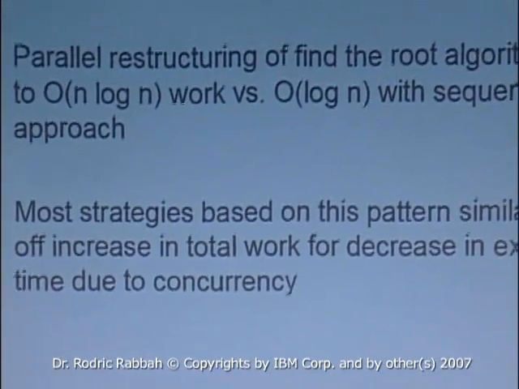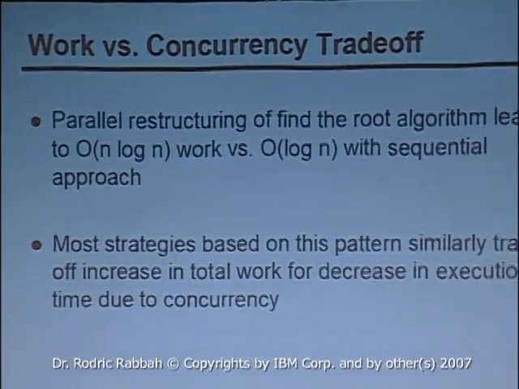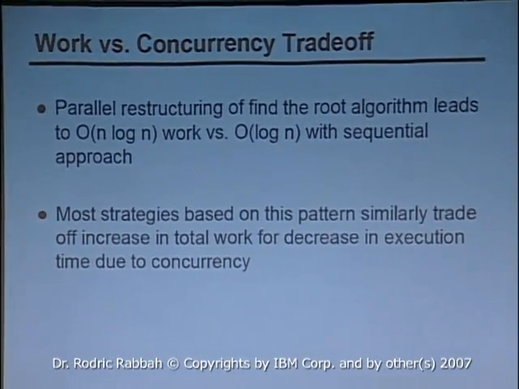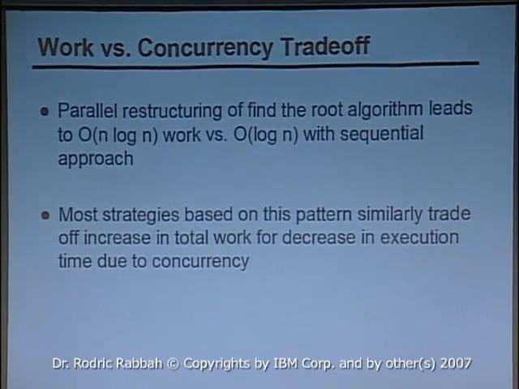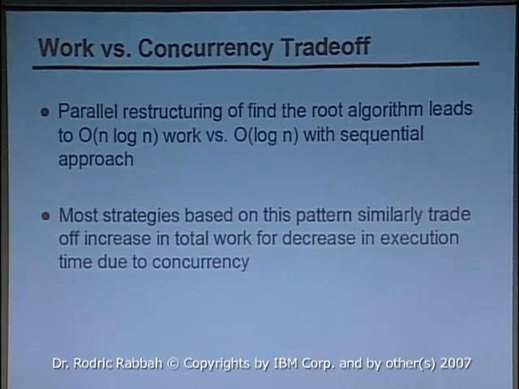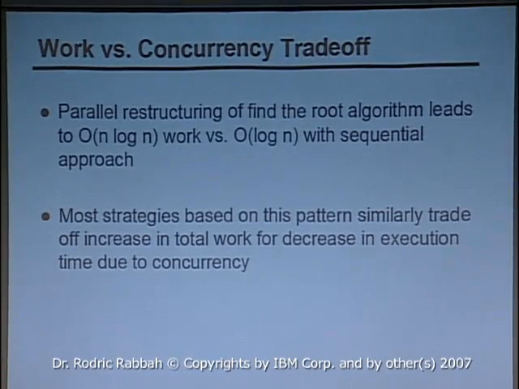Well, I've increased the amount of work that I'm doing by order n. Wait, is that right? Yes. Because for each node, I'm doing n queries. Who's your successor's successor? Whereas in the sequential case, I just need to do it once for each node.